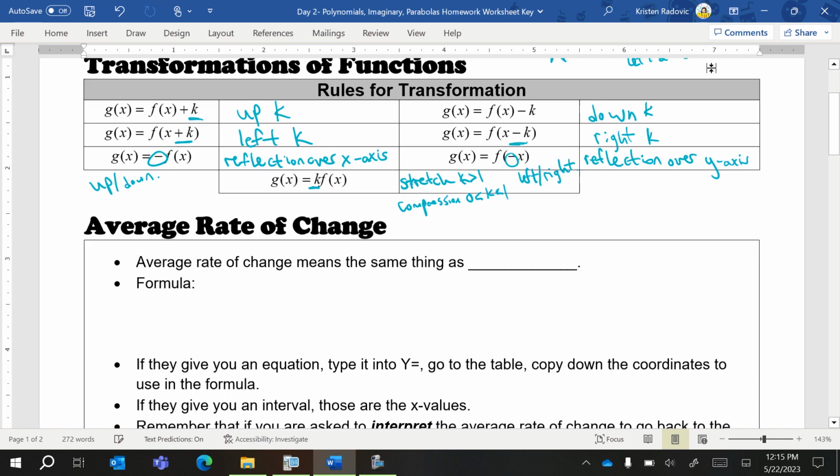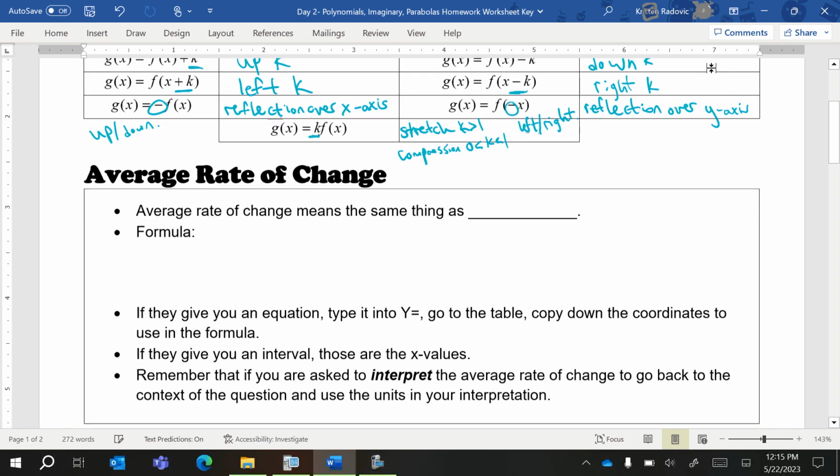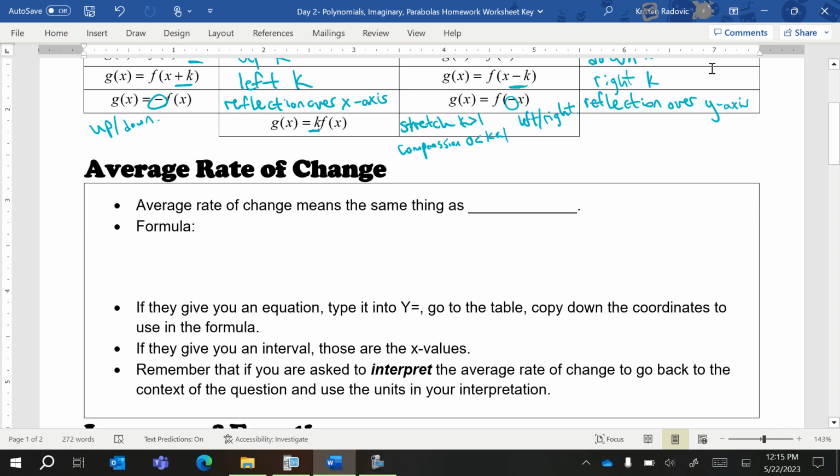Now, we do need to know what your average rate of change is. Your average rate of change is the same thing as your slope, or rather the average slope between any two given points.